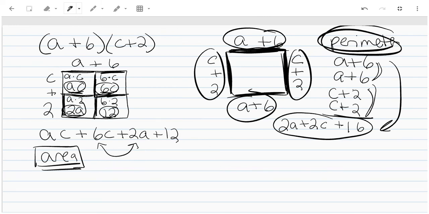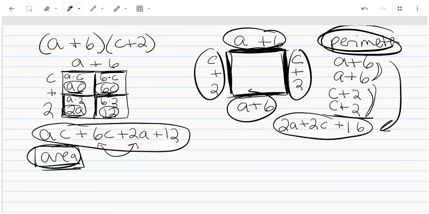That is a plus 6 by c plus 2. And this is the area here of this rectangle. That is a plus 6 times, or plus a side length of c plus 2. So you're going to be doing that on pages, I wrote it out somewhere to give you.